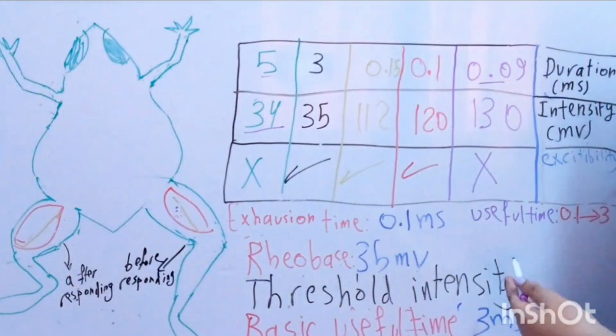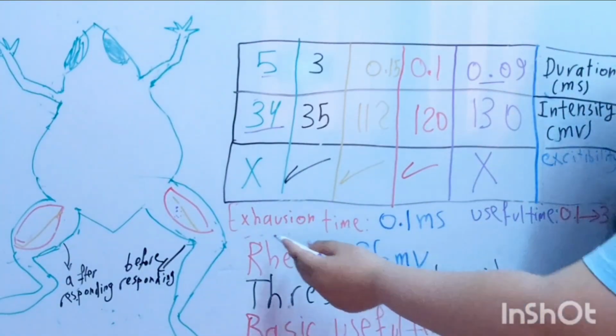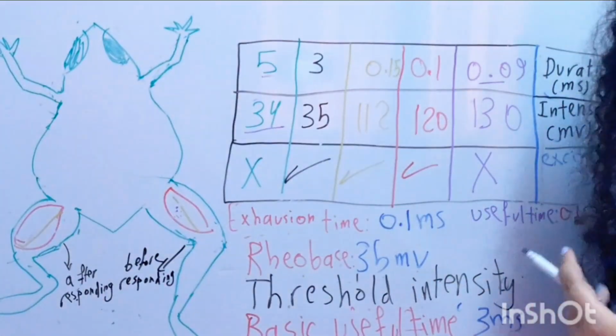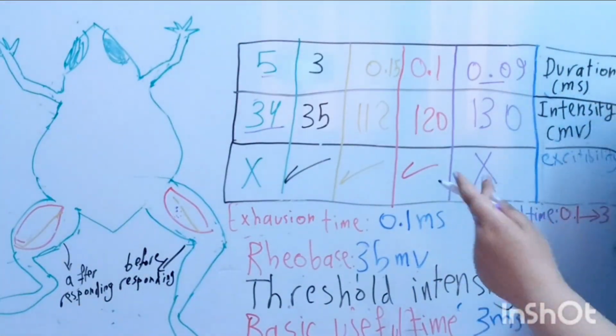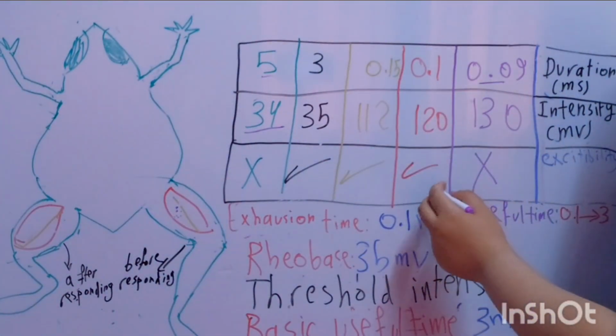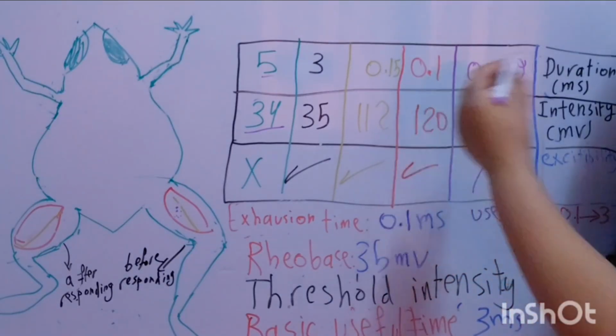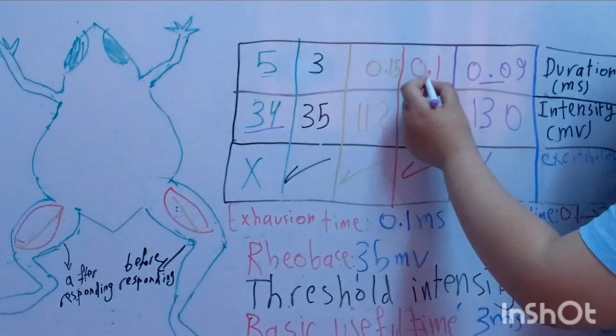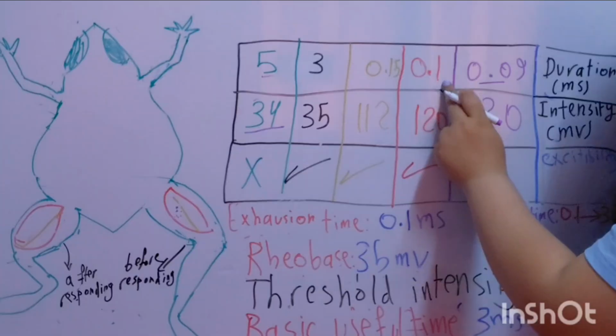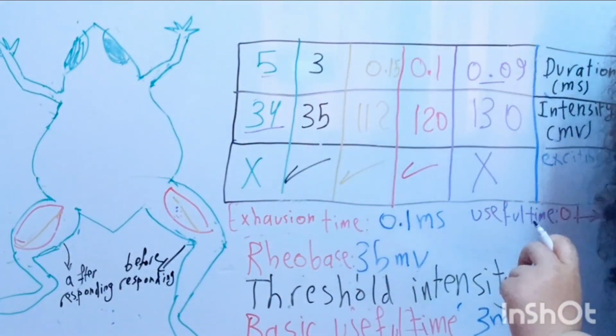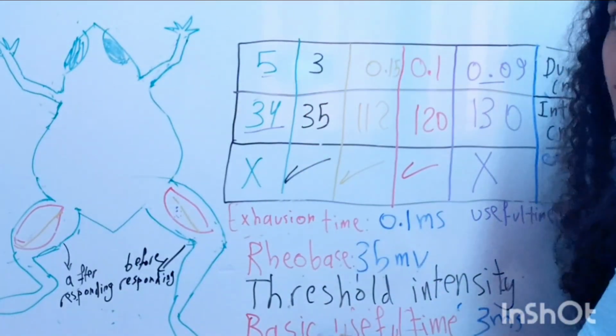We must distinguish between exertion time and useful time. Useful time is everything where the excitability can happen. It starts with the exertion time, which is 0.1, and ends with 3. And 3 here is the basic useful time.